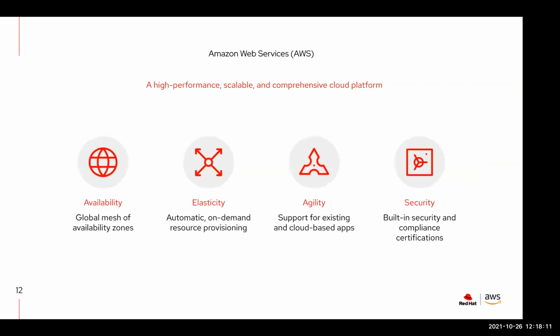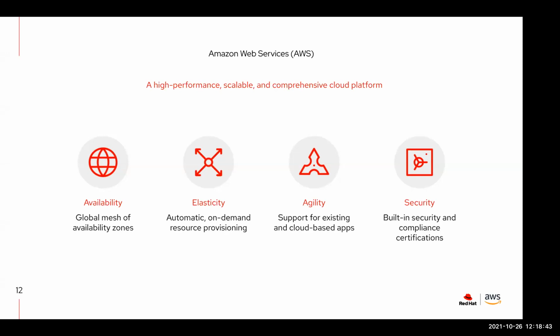Now, what AWS is providing, on the flip side, is a really high performance, scalable, and comprehensive cloud platform. Availability being a huge piece of this, right? So AWS provides this mesh of geographically dispersed availability zones and transit centers that ensure reliability without increasing latency. Especially when we get into customer use cases like providing their own cloud, and we talk about multi-tenancy.